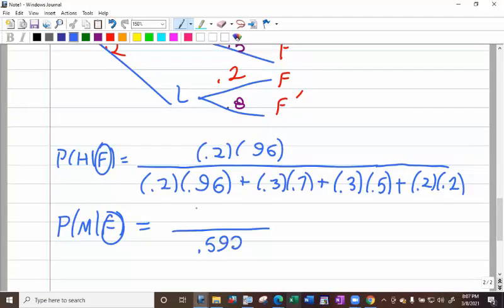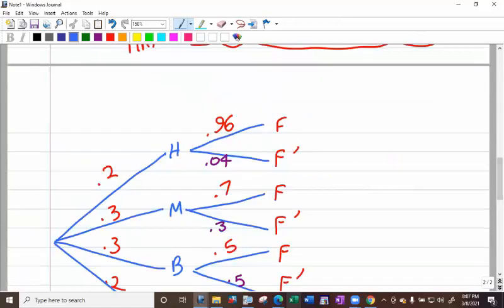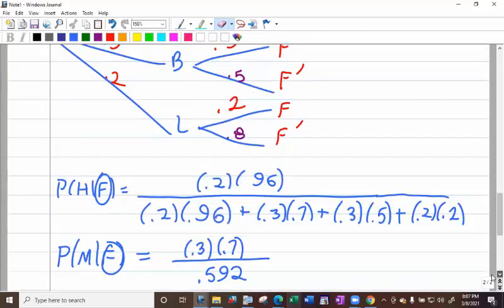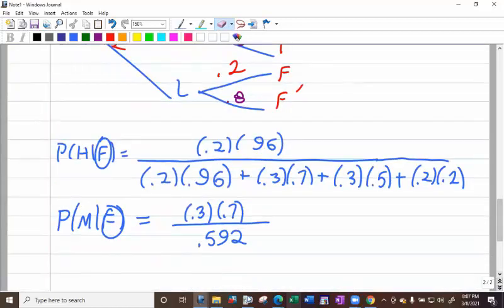So all we need is the two modest numbers, 0.3 and 0.7. I believe that's the modest right there. I'll double check that up on the tree, but yes, 0.3 times 0.7. Yeah, so I'll do this in one step. So that's going to be 0.21 divided by 0.592.